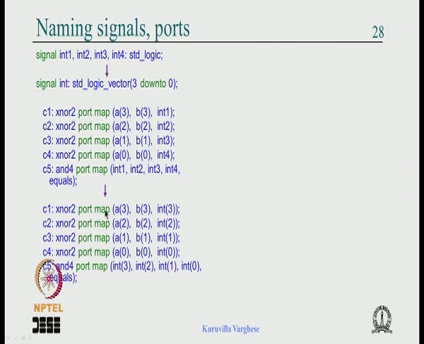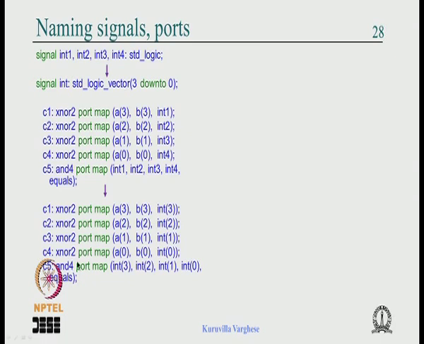Now I am going to change the description, which says XOR port map A of 3, B of 3 and int of 3, A2, B2, int 2, A1, B1, int 1, A0, B0, int 0, in the 4 component instantiations of the XNOR gates. And in the AND gate the inputs are int 3, int 2, int 1, int 0 in any order, and the equals.